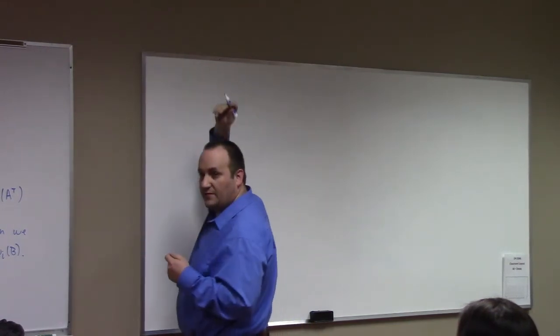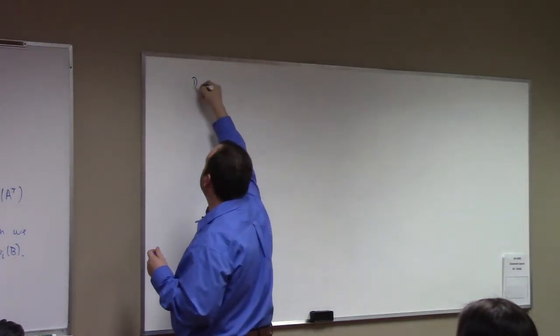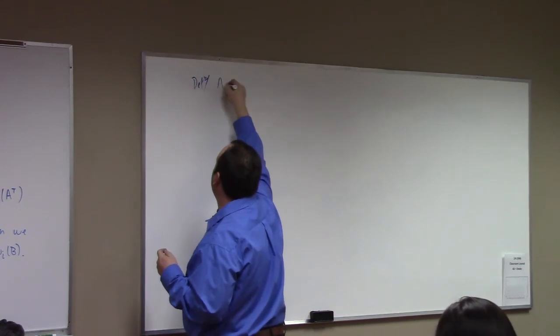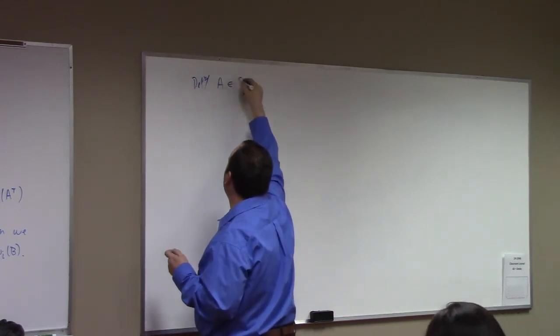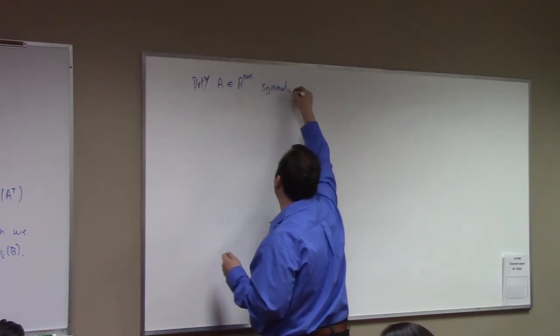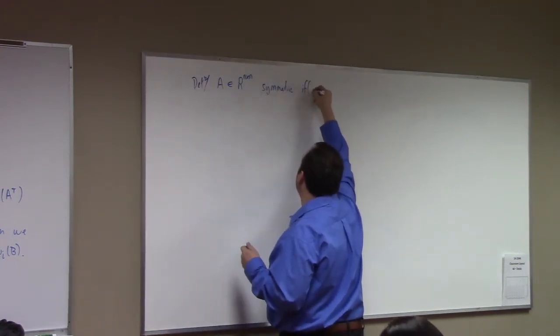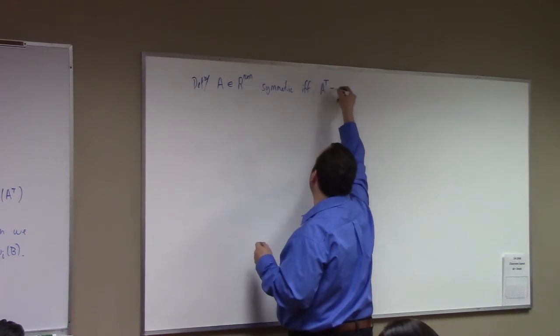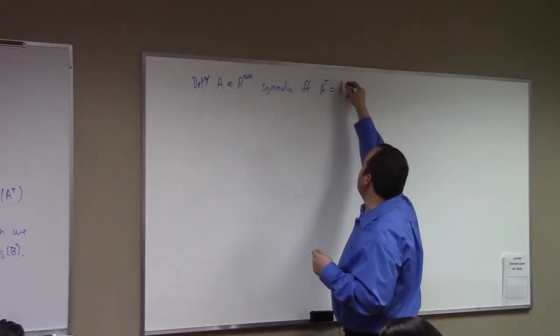Do you guys remember what a symmetric matrix was? A in R n by n is symmetric if and only if A transpose is equal to what? A, right.